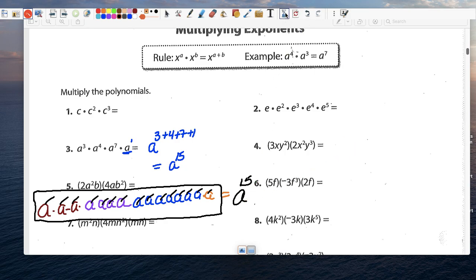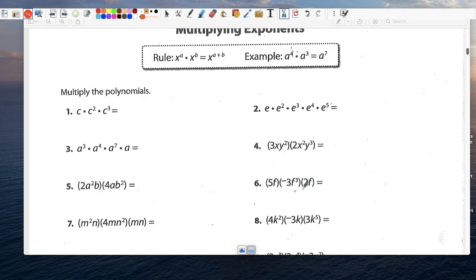Okay. So now, again, I think the writing is not that pretty, but let me write it to the slide. That says 5 times f times negative 3, and I'll put that in parentheses, times f to the third power times 2 times f. Now, because it's multiplication, the commutative property allows us to move.